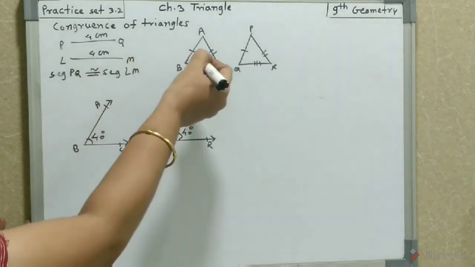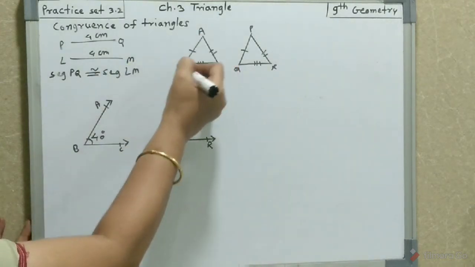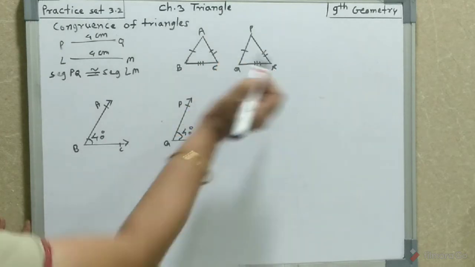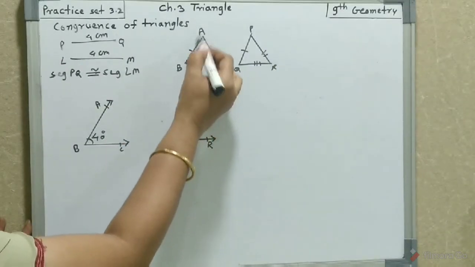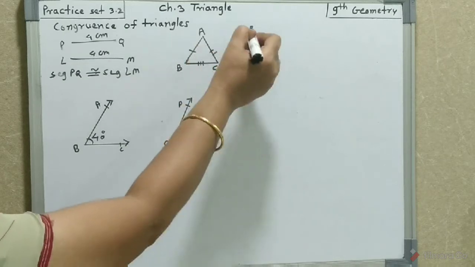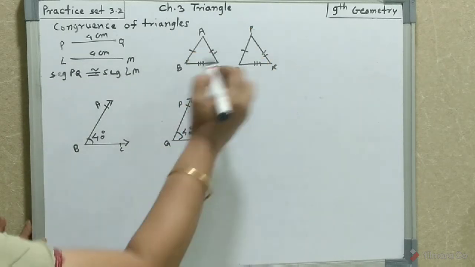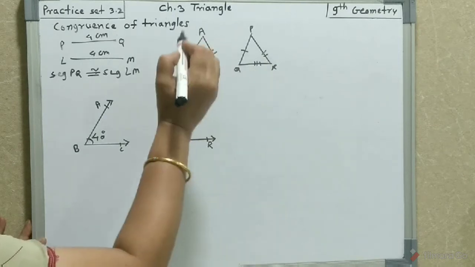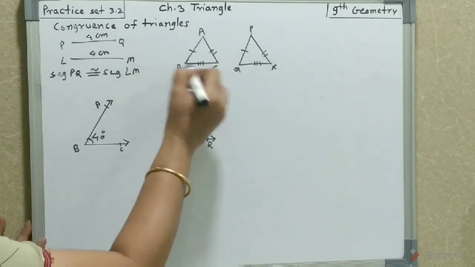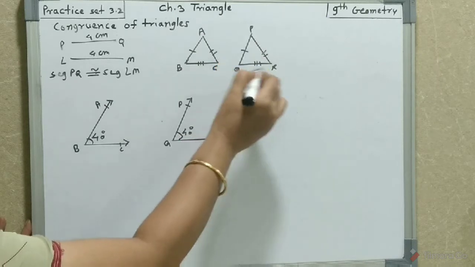See next, here is triangle ABC and triangle PQR. In this triangle, see the sign here: AB congruent to PQ means these are equal sides, AC equals PR and BC equals QR. So we say that triangle ABC is congruent to triangle PQR.